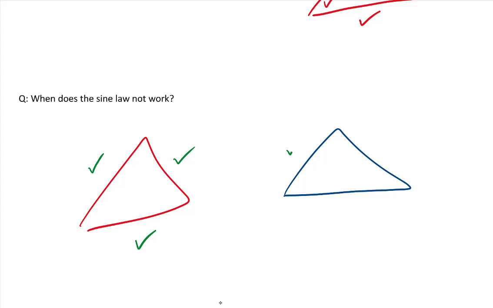The second scenario is if I know this side, and this angle. Again, I don't know the angle across that side. I don't know the angle across this side, and I don't know the side across this angle, so I don't have a known ratio. So the sine law will not work unless you have an angle across a known side.